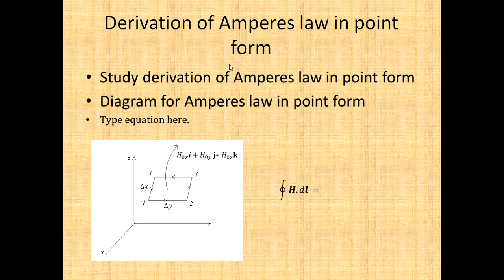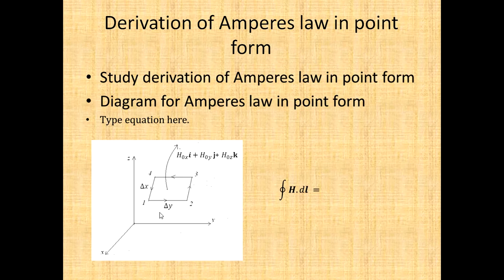Now the derivation of Ampere's law in point form, or the differential form. This diagram is for the derivation. This is a plane, and in this plane there is a closed path 1, 2, 3, 4, in the xy plane.